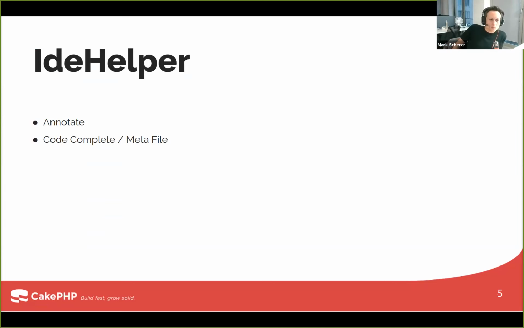It's like the doc blocks, but specific annotation lines that help your IDE, but also tooling like PHPStan and Psalm to analyze this kind of code. Especially with this little bit of cake magic, like load model and so on, you need to have these annotations in place for your life to be a bit easier. And so we'll do that first, and then we'll talk about code completion and the meta file.